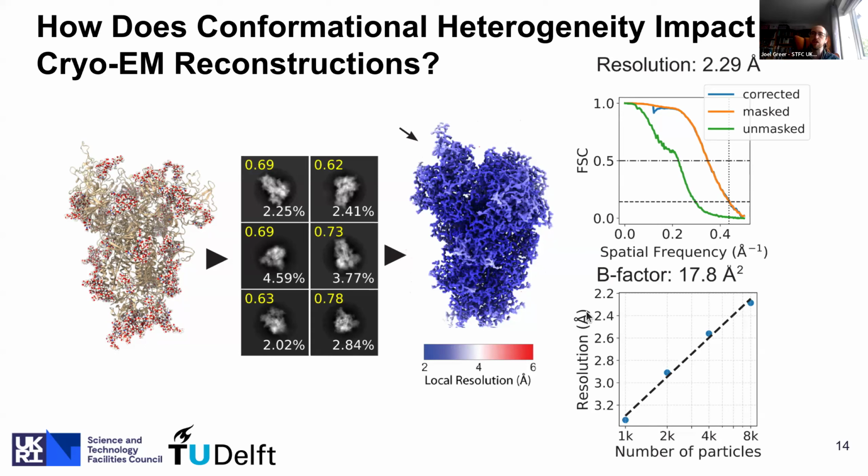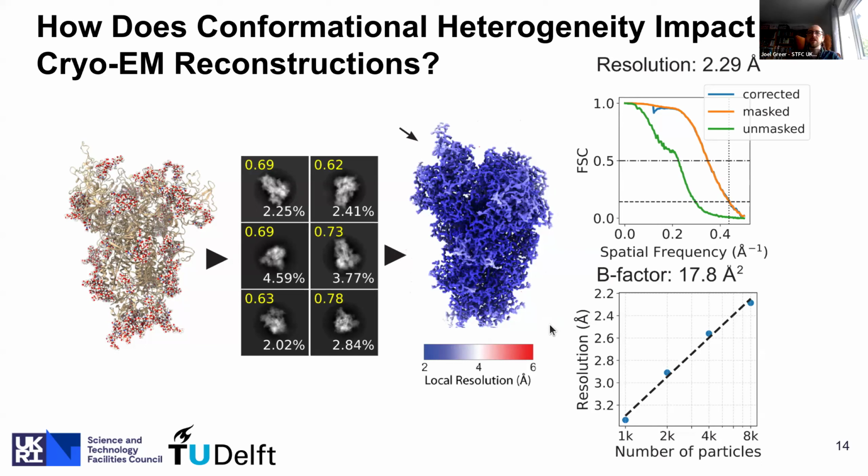In this case, we find a very low B factor of 17.8 angstroms squared, which means there's essentially not very much potentially motion in this data set. This B factor can essentially be attributed purely to errors in steps of processing, so maybe errors in the alignment or orientation of our particle images. For reference, you might be unable to manually fit an atomic model at higher values of a B factor, maybe around 150 or 200 angstroms squared.